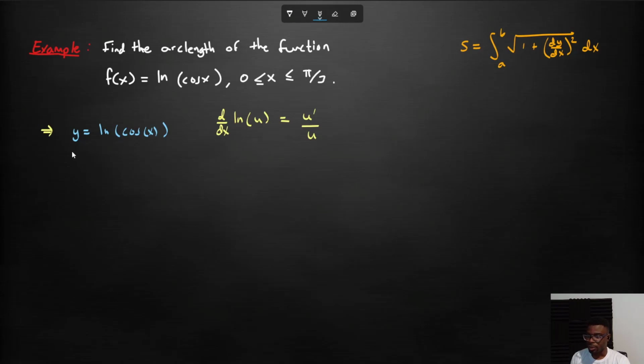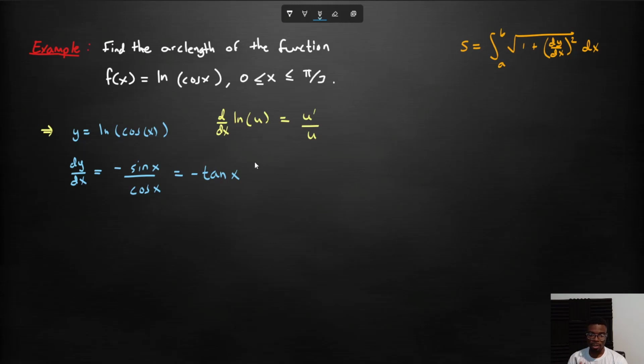We have our y prime, or dy dx, is equal to negative sine of x divided by cosine of x. So our dy dx is negative sine divided by cosine, which is equal to negative tangent of x.